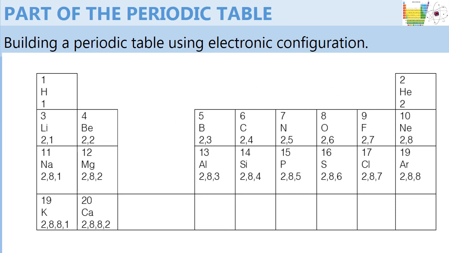The periodic table has got groups and periods. The groups are numbered from 1 to 8 in Roman numbers, while the periods are numbered from 1 going on in numbers. For the first 20 elements, we only reach period 4.